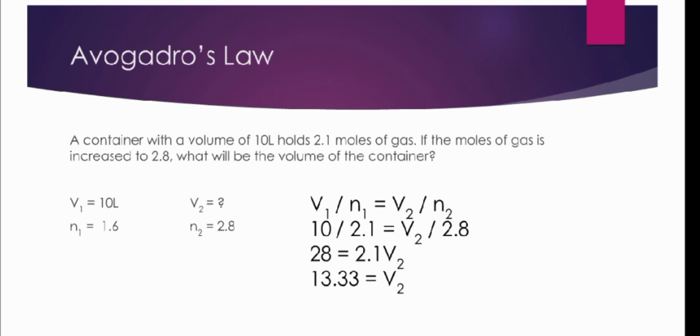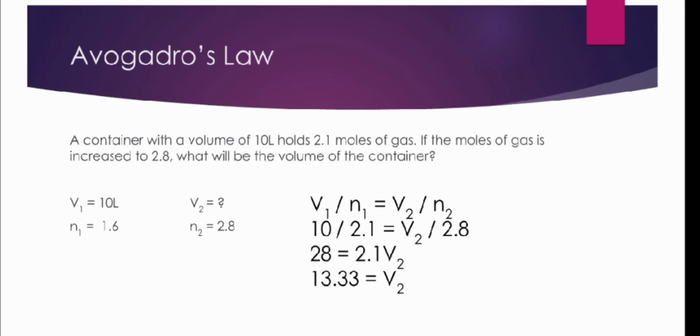Substitute the data, and also the 2.8, now we have 10 over 2.1 equals V2 over 2.8. Cross multiply, 10 times 2.8, we have 28 equals 2.1 V2. 28 divided by 2.1, we have 13.33 as the new volume of the container. So that is Avogadro's law.